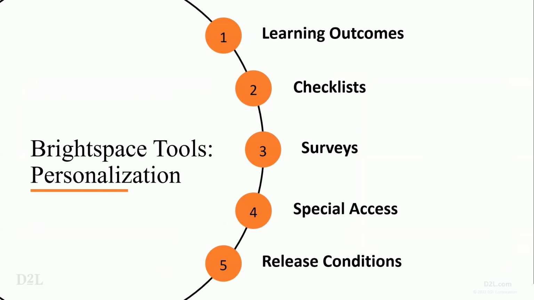In Brightspace, you can align course material and assessment to curriculum standards, and you can create individual learning outcomes like those that you would have on a student IEP. This allows you to track progress not just at a class level, but also at the individual level, focusing on specific goals that matter most for individual learners.